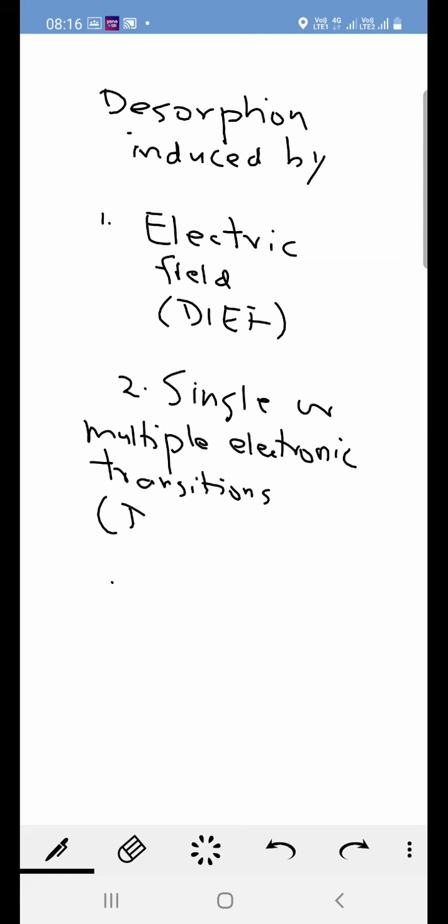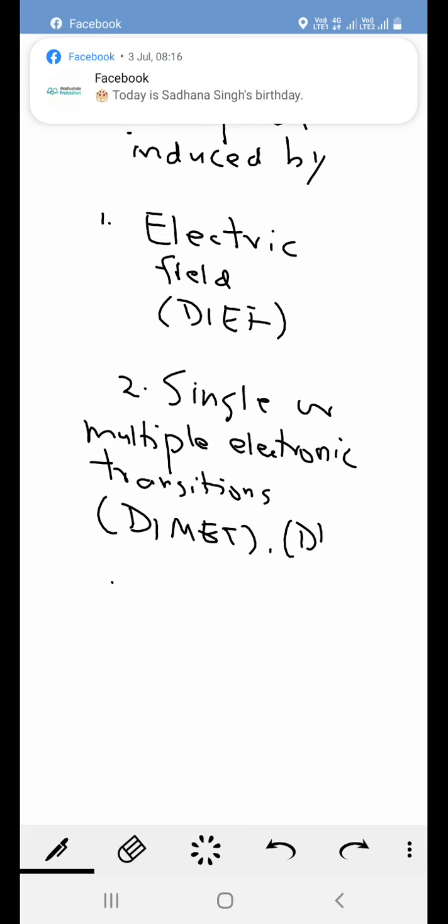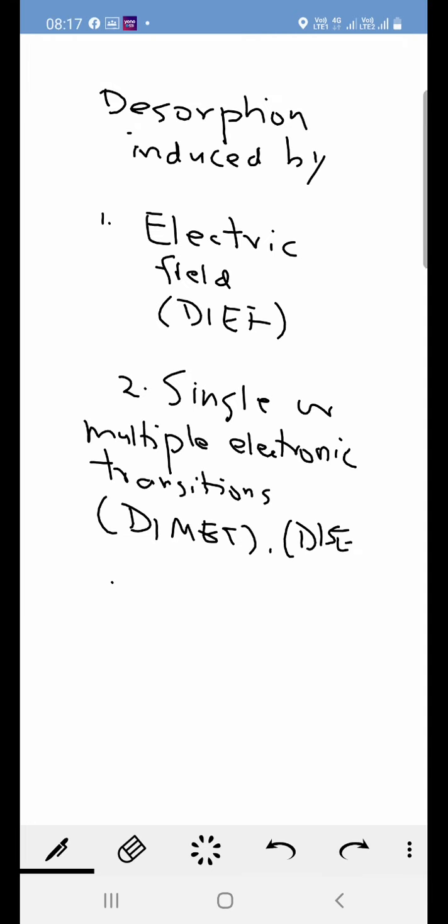And it's called DIMET for multiple electronic transitions, and DIET for single electron transitions.